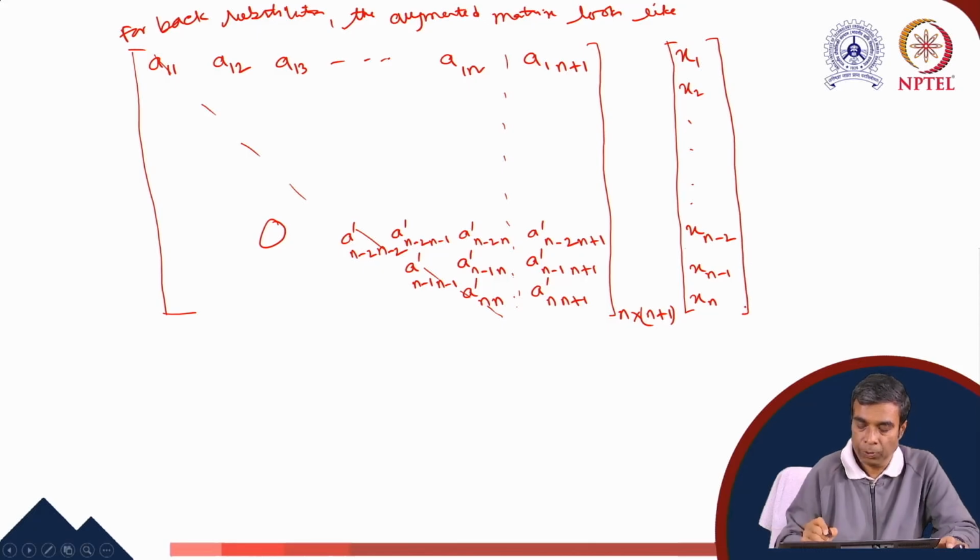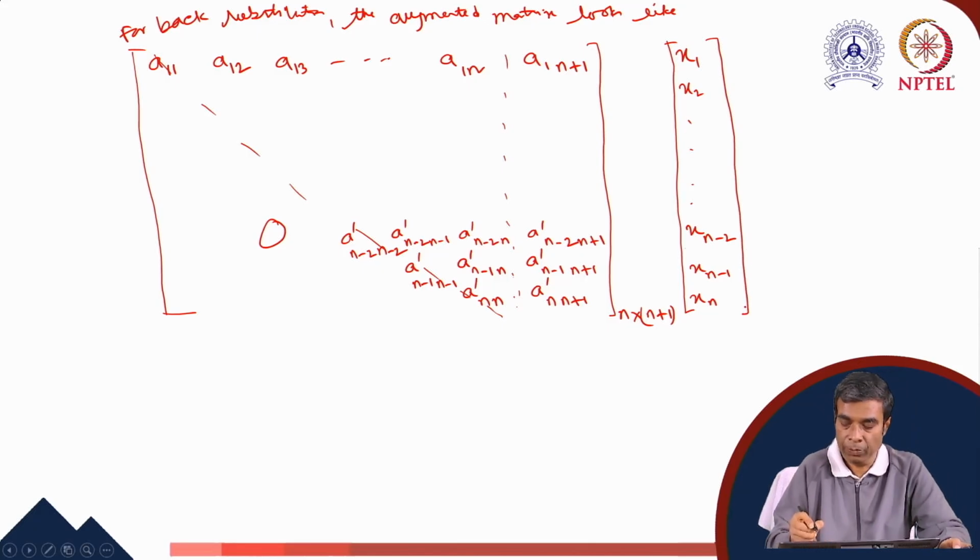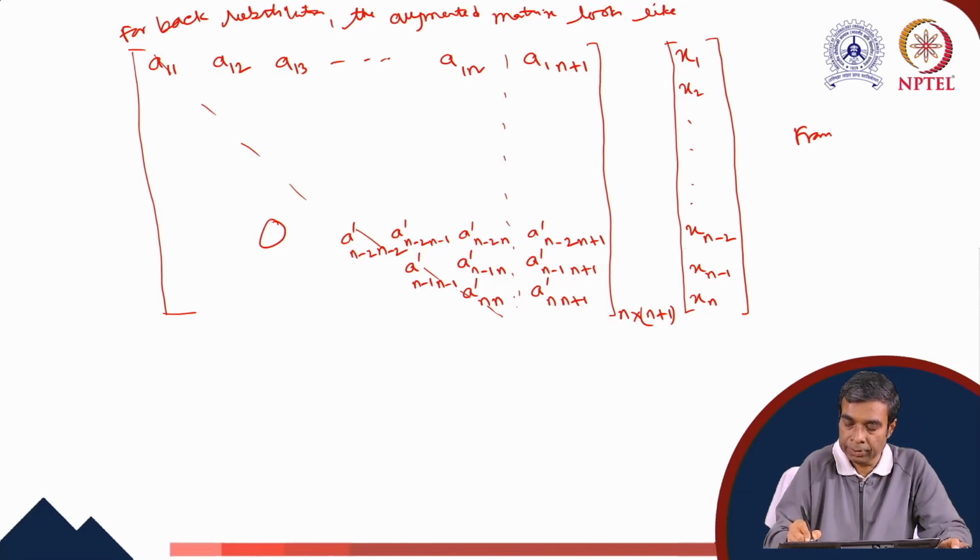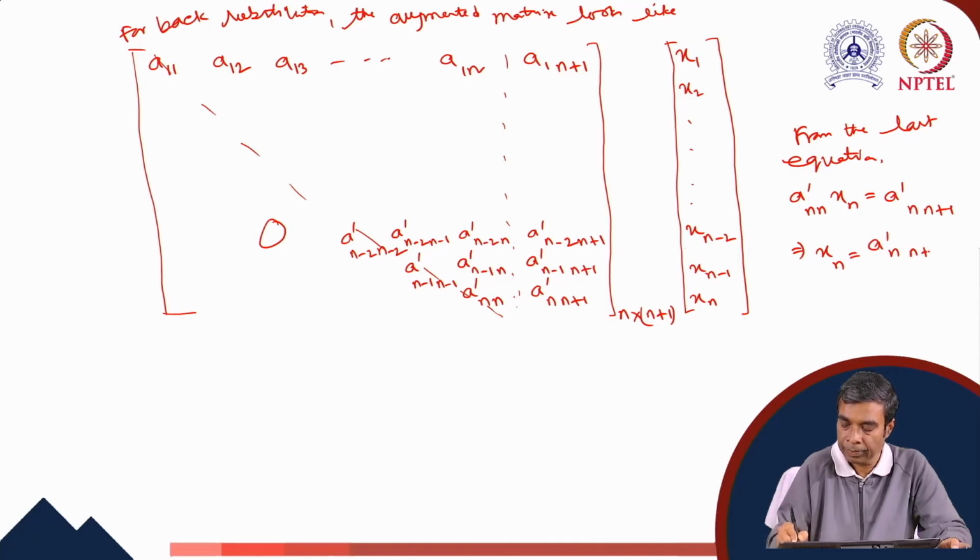Now, if we look into the last equation, we have A dash nn into xn equals A dash n n plus 1. This gives us xn equals A dash n n plus 1 divided by A dash nn.